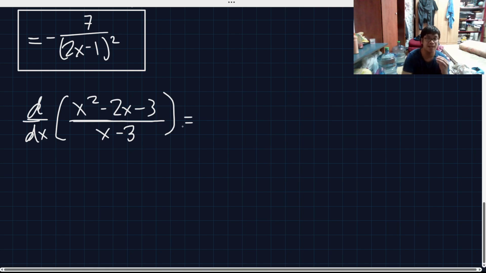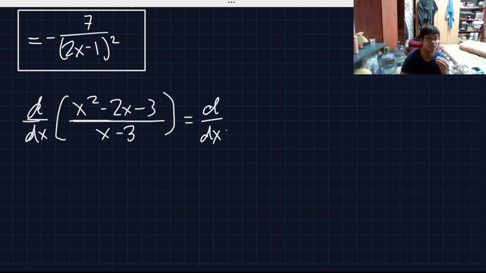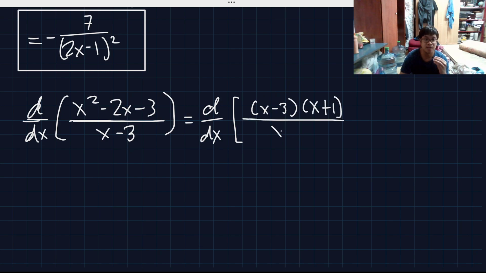That above, we can get its factored form. Basically, we can factor this one. This x squared minus 2x minus 3 is just the same as quantity x minus 3 times quantity x plus 1.